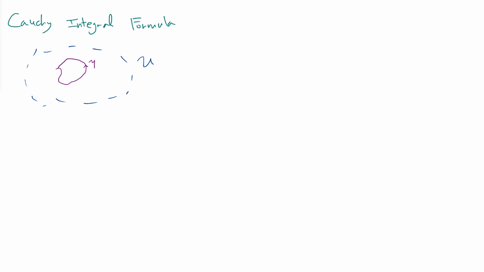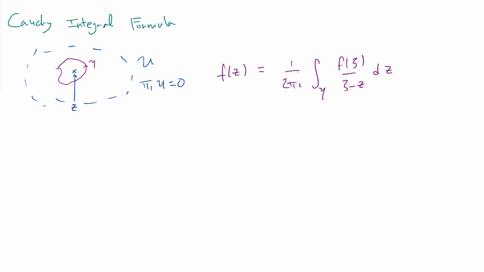With this gamma, and again here I'm going to assume the fundamental group of U is 0, so we have a simply connected domain. In this case, what the Cauchy integral theorem says is that f of z, and by f of z I really mean any z inside this gamma, so this is z here, is equal to 1 over 2 pi i times the integral of f of zeta over zeta minus z d zeta. Sorry, not dz, d zeta.